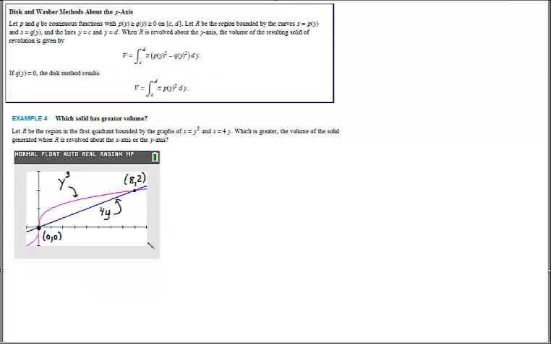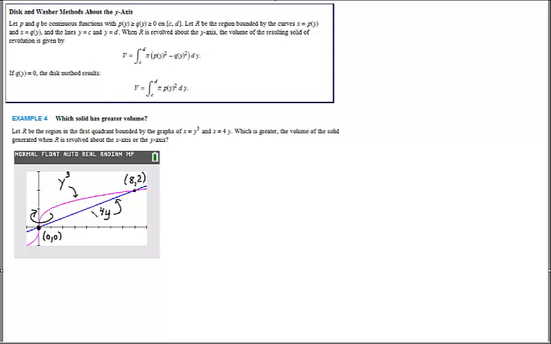We're going to perform these same techniques, but we're going to do this now about the y-axis. And the first one wants me to revolve this about the y and then compare the solid that's generated when I rotated about the x-axis. So I'm going to rotate this solid this way about this y-axis.